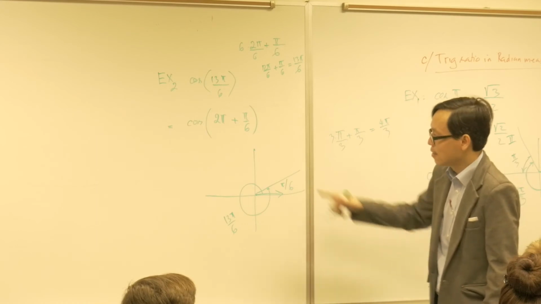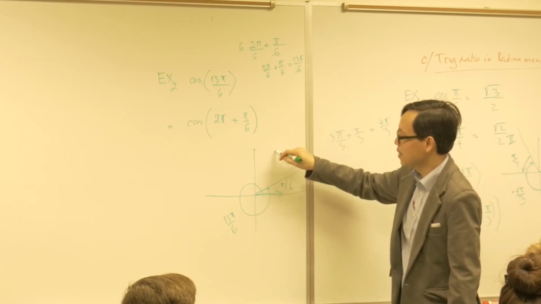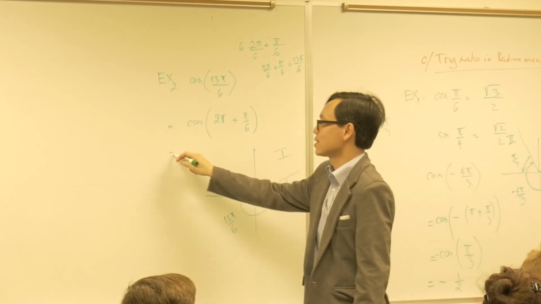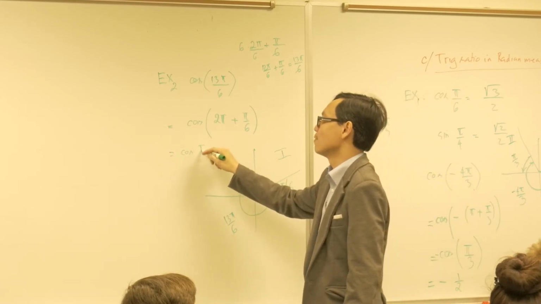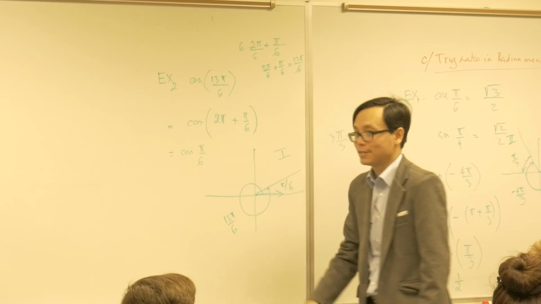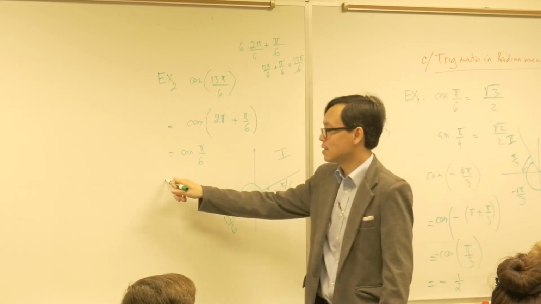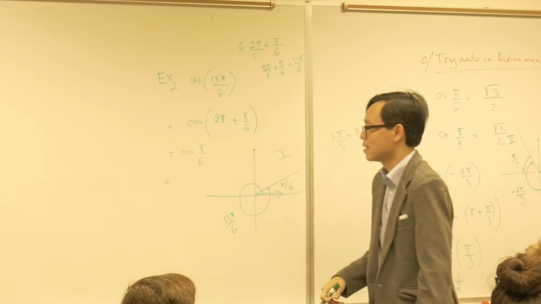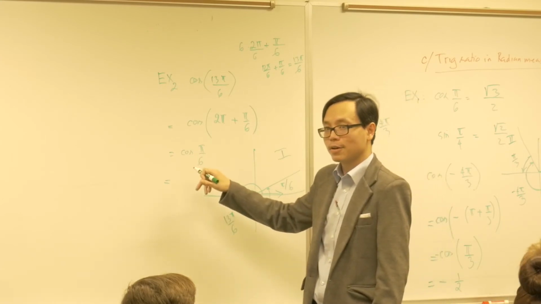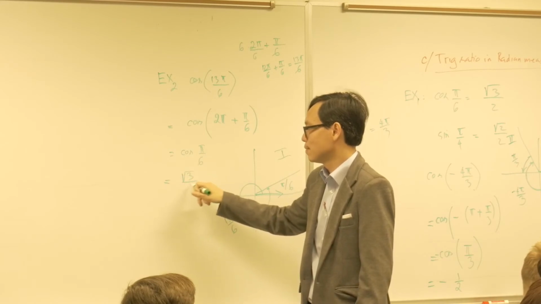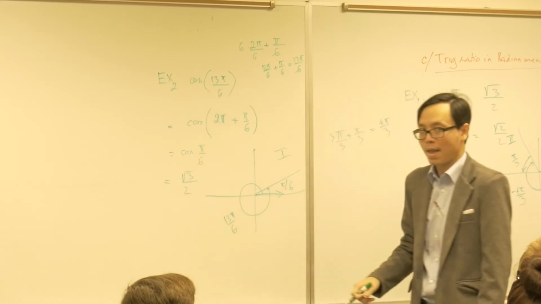This is the first quadrant, so is cosine positive or negative? I can write this as cosine of pi over 6, because I just apply the reference angle. Cosine of pi over 6 is cosine of 30 degrees, and cosine of 30 degrees is square root of 3 over 2.